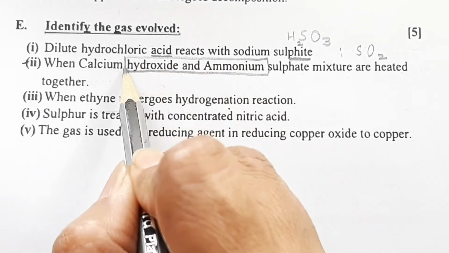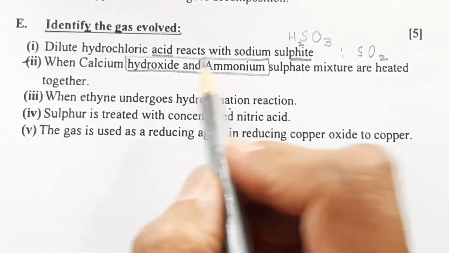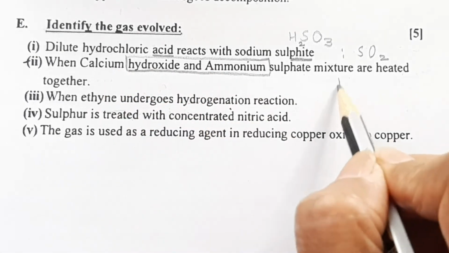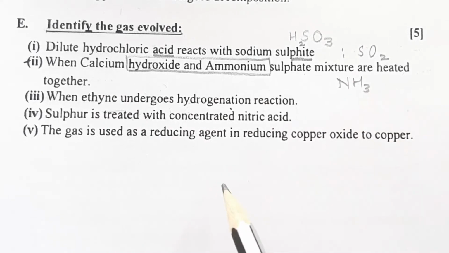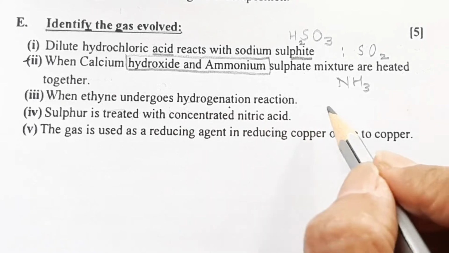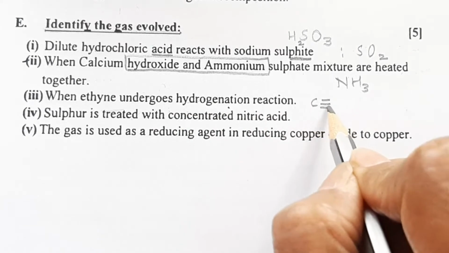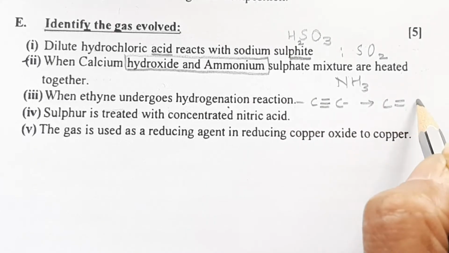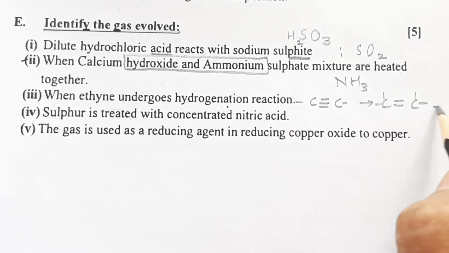Can you see this? NH4OH is unstable, and so it will liberate ammonia gas. Now ethyne undergoes a hydrogenation reaction. We will have C triple bond C become C double bond C become C single bond C.